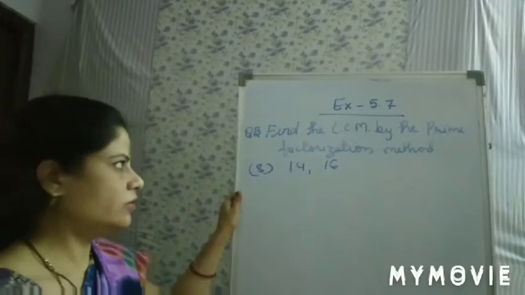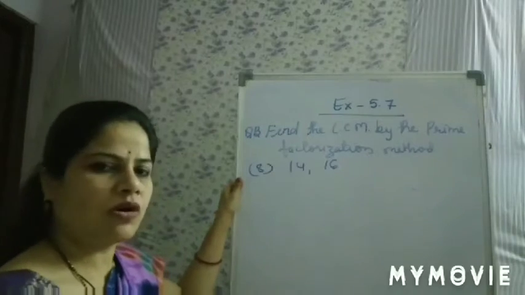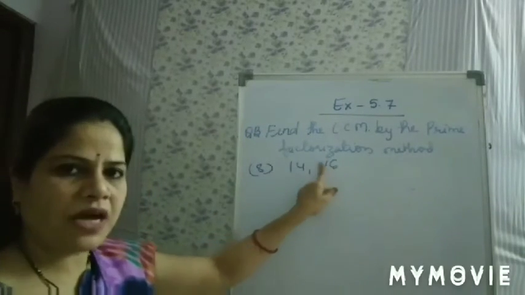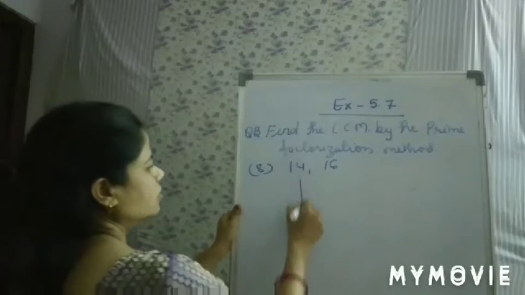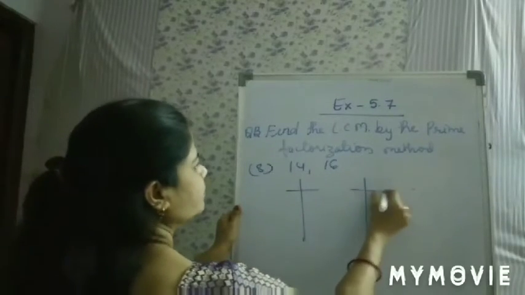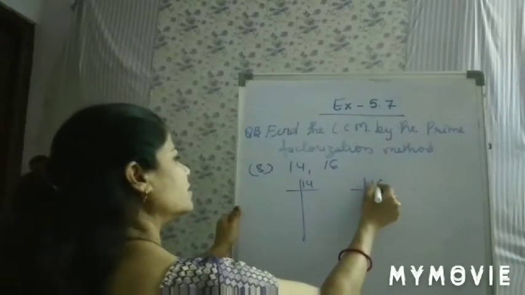Now I am taking the 8th one. You have to find the LCM of 14 and 16 by prime factorization method. So draw this sign. Write the numbers in this sign.